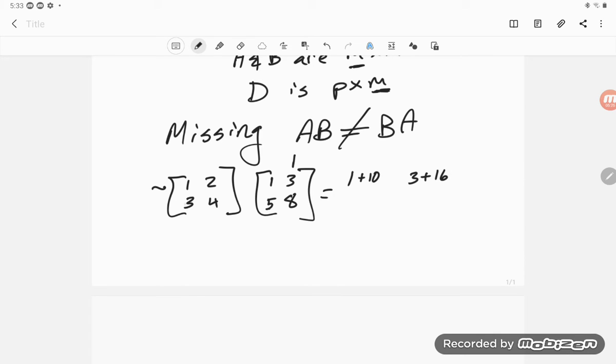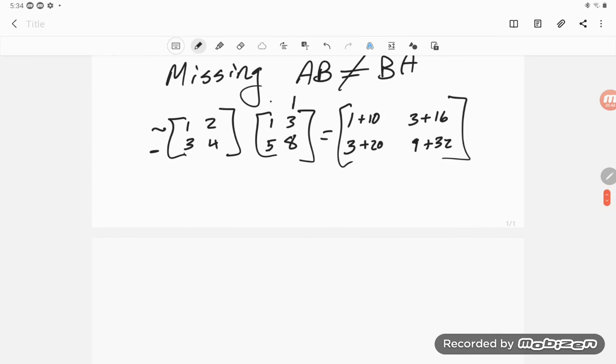And then I'm going to the second row, first column: 3 times 1 is 3, 4 times 5 is 20. And then 3 times 3 is 9, and 4 times 8 is 32. Again, practice, practice, practice on your matrix multiplication. And so we get 11, 19, 23, and 41.